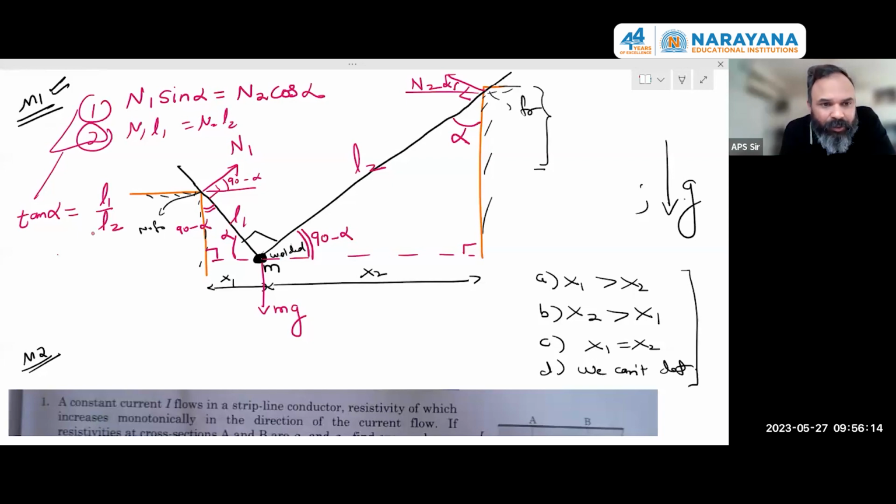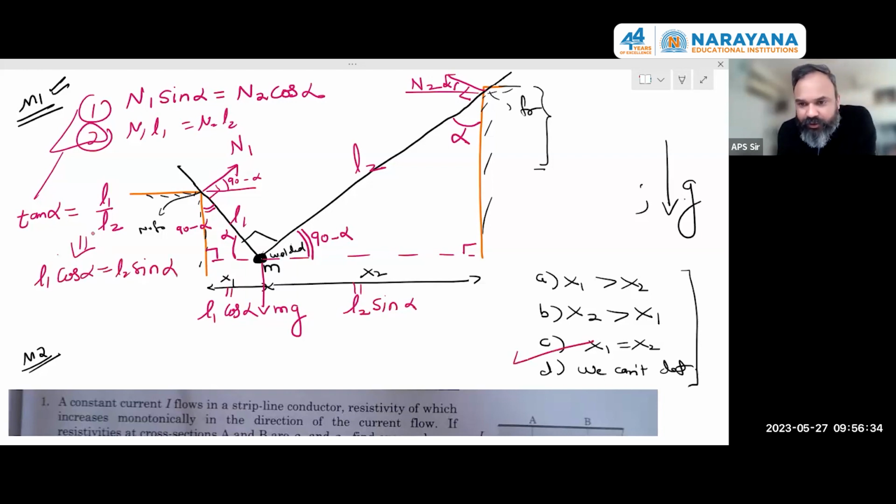And when he says L1 upon L2 is equal to tan alpha, then he gets the relation that x1 is equal to x2. Because x1 can be written as L1 cos and x2 can be written as L2 sin. So the student can say, fine, sir, I got that. L1 cos is equal to L2 sin. So my x1 is equal to x2, and that is the answer.